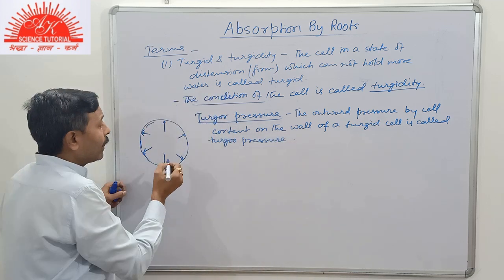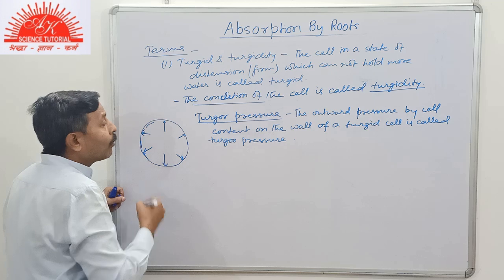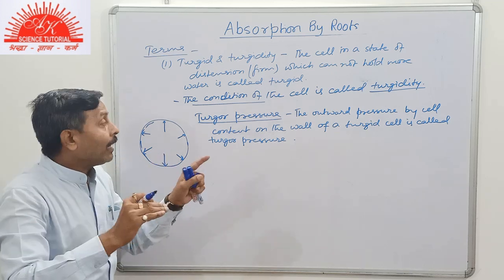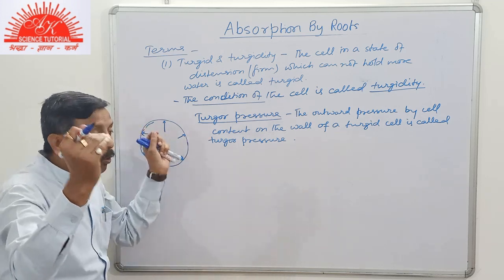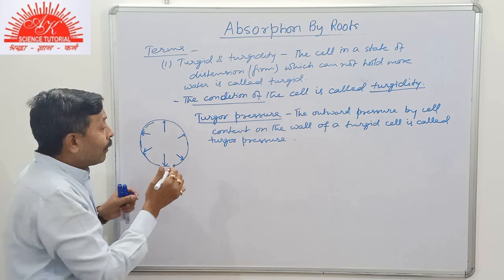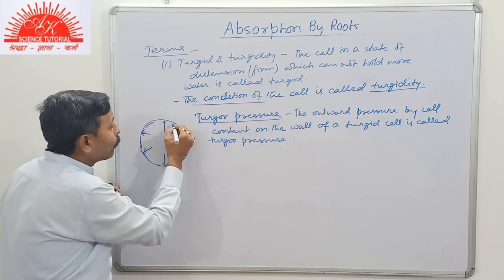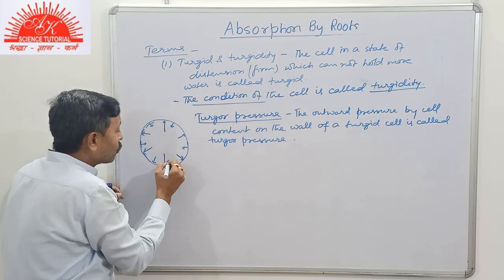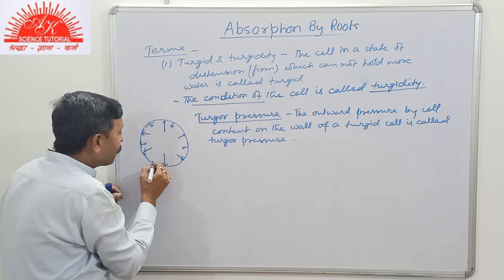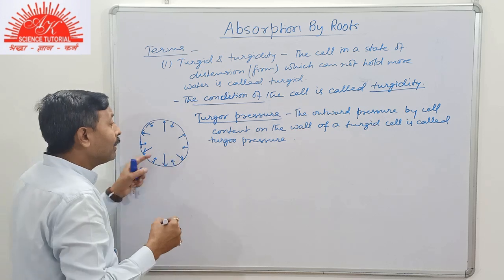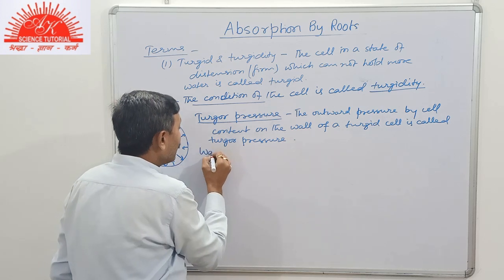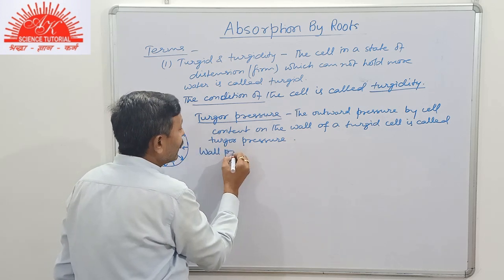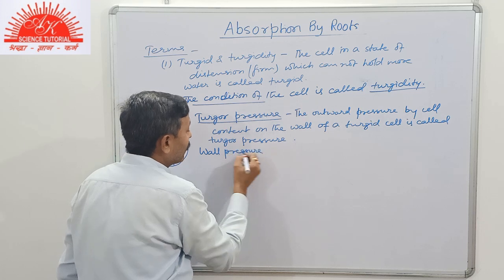Now you see, students, if the cell content is exerting outward pressure, the cell wall or the membrane is holding the fluid inside, which means it is not allowing it to move further outward. So this inward pressure exerted by the wall over the cell content is termed wall pressure.